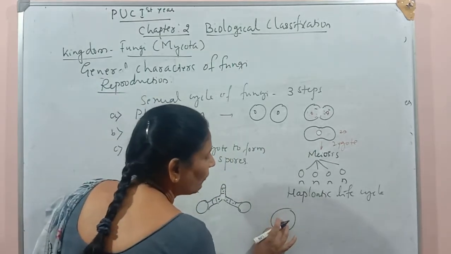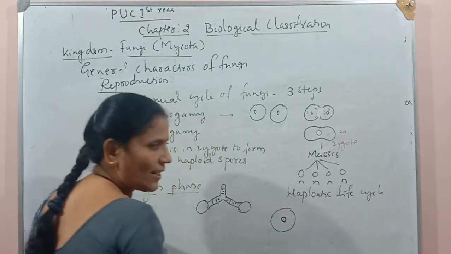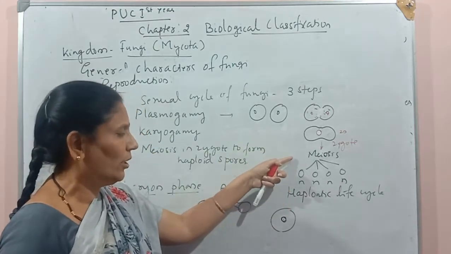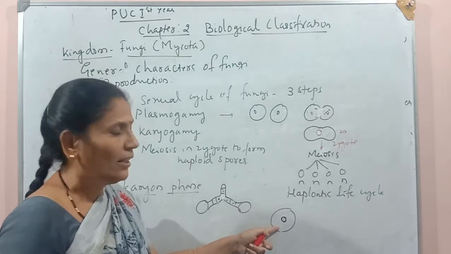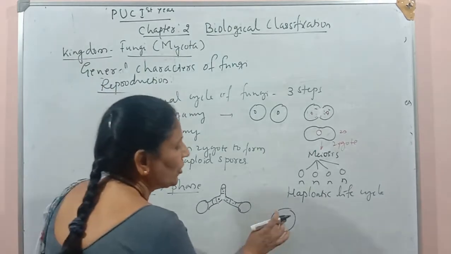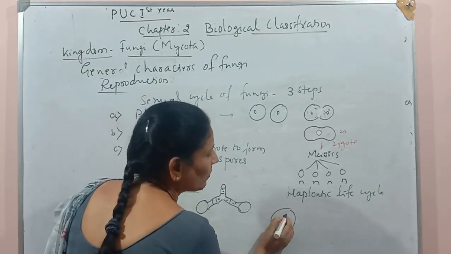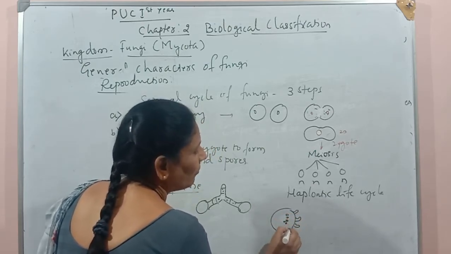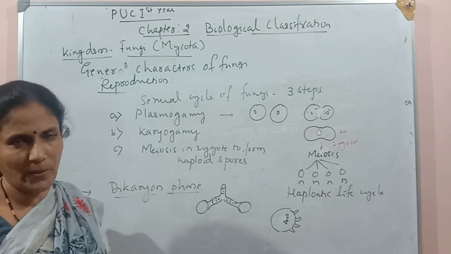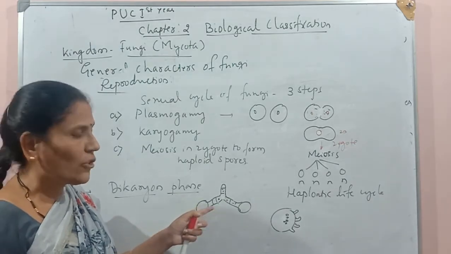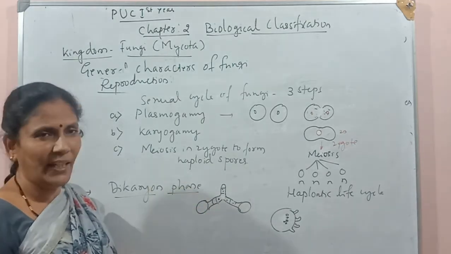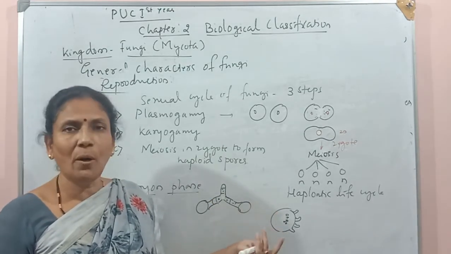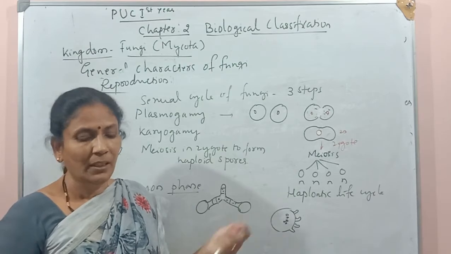There they form the diploid nucleus, the zygote, which divides meiotically and forms 4 cells, and these form the 4 basidiospores. Such dikaryon we see in fungi like Ascomycetes and Basidiomycetes.